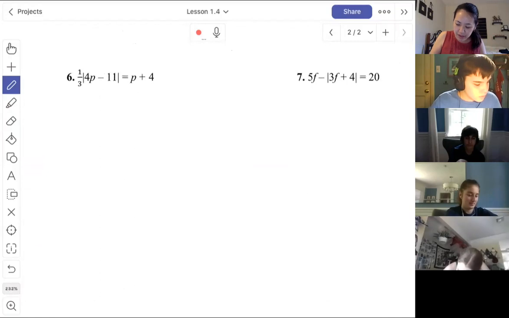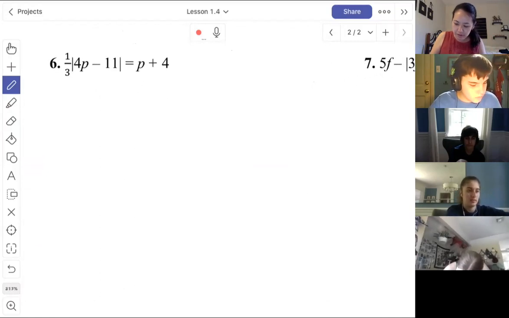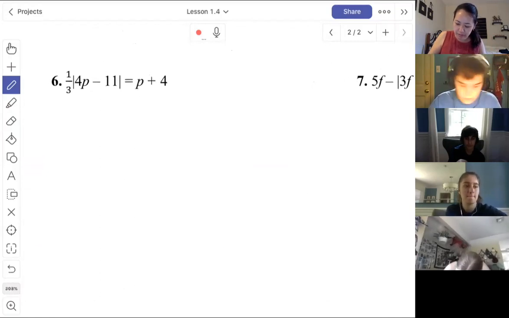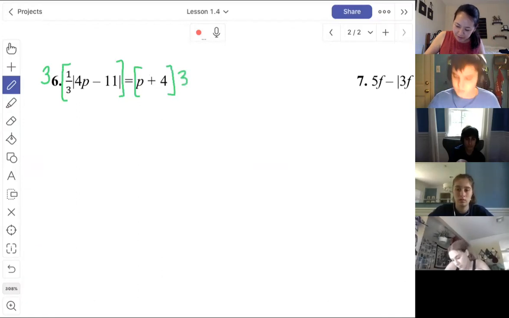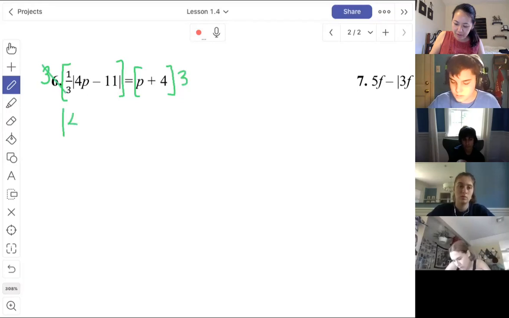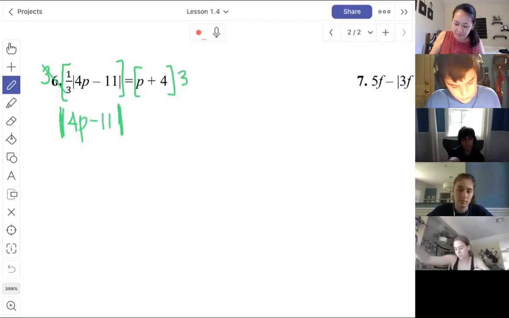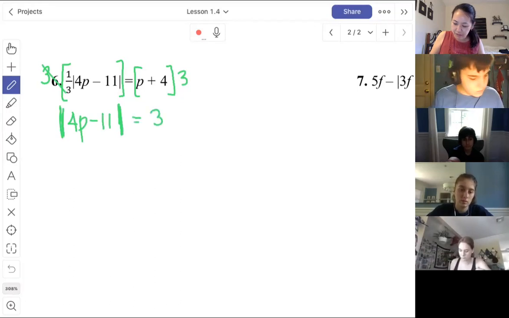I'm gonna multiply both sides by 3 to get that value isolated. So I get absolute value of 4p minus 11. And then this side I'm going to distribute to get 3p plus 12.